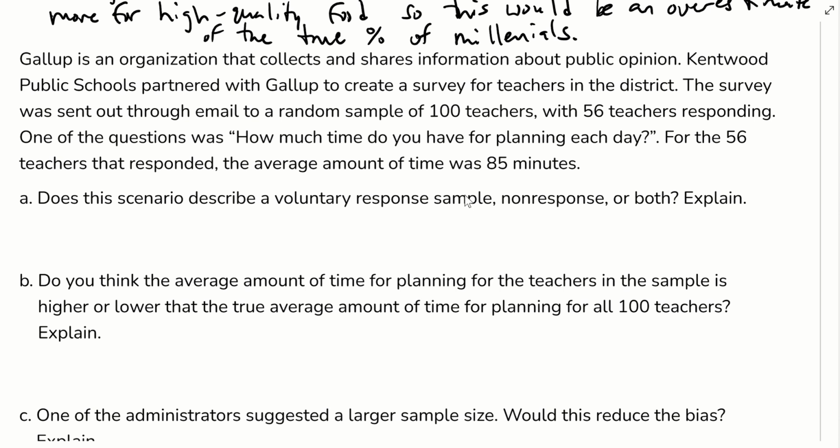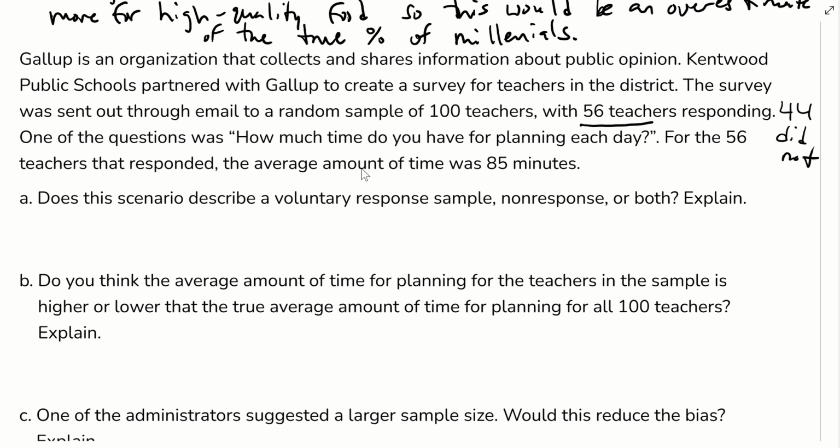So this scenario has non-response bias. The reason being that you had 56 teachers responding, that means 44 did not, right? Because there was a total of 100. You reached out through email to a random sample of 100 teachers.